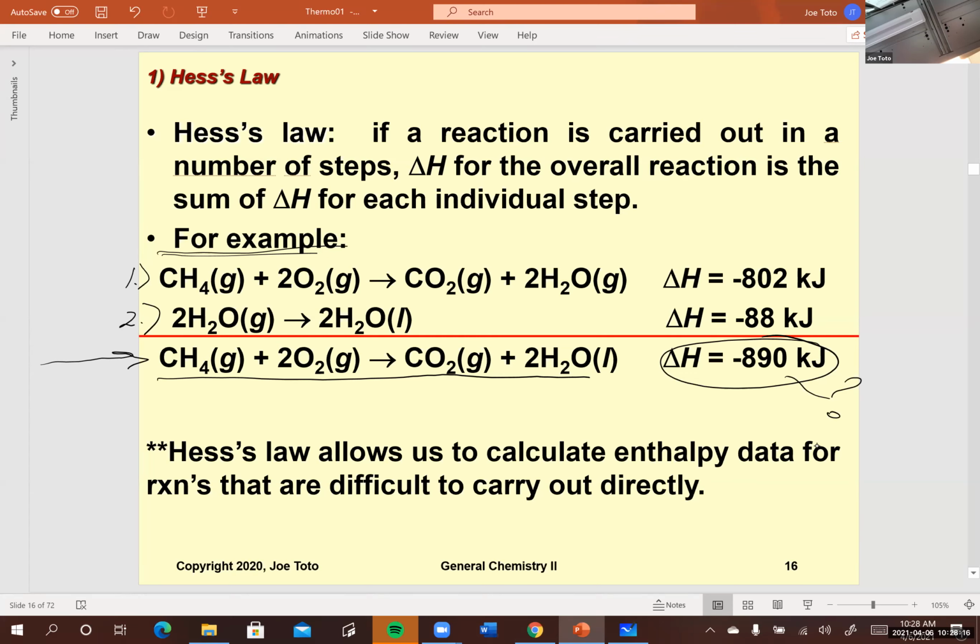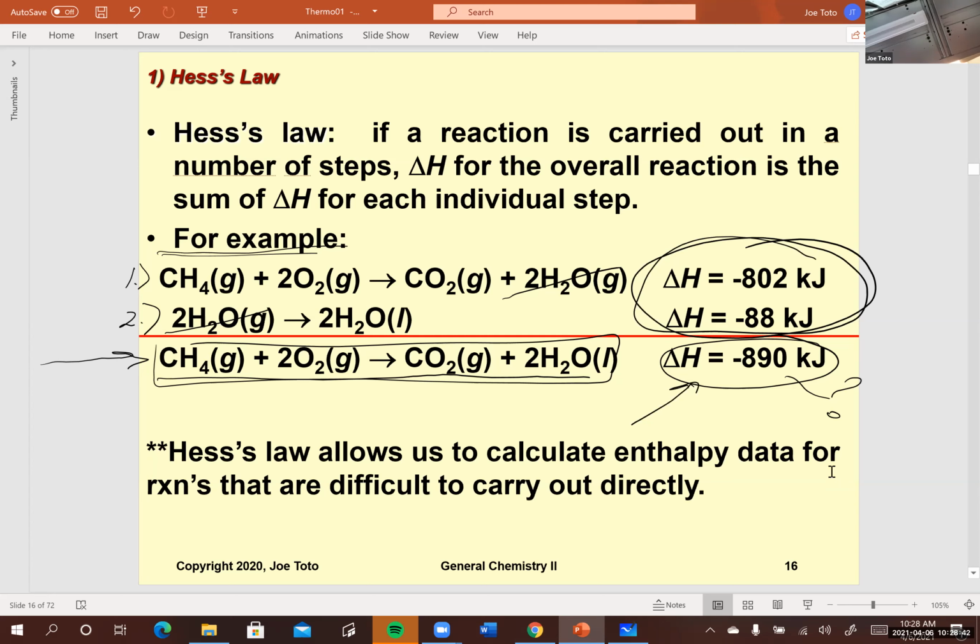And when I add up these two reactions, then I get the reaction that I want. Then Hess's law says all I have to do is add up their delta H's, and that value equals the reaction that I want. Any questions on that? So Hess's law is, I think, pretty straightforward.